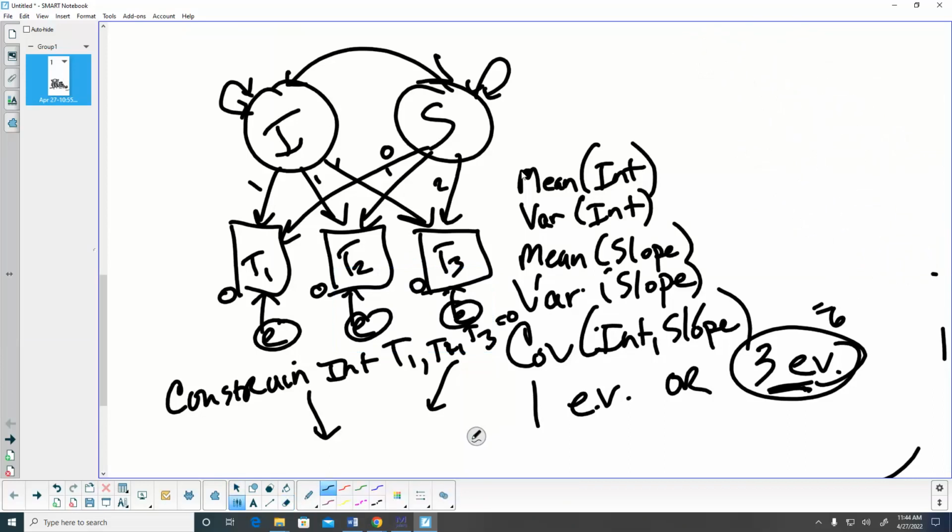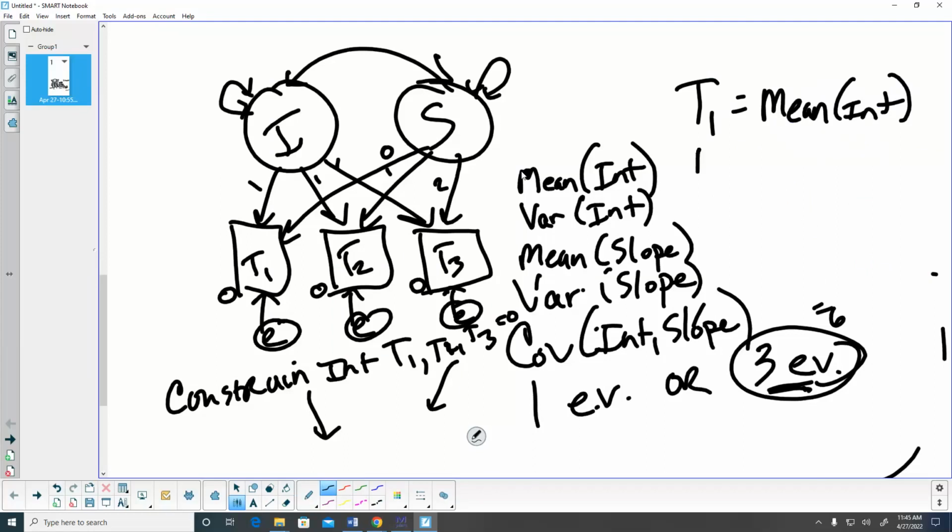Well, it would just be the mean of the intercept, right? Because you've got the intercept, 1. So whatever the mean is, it's just going right into time 1. Slope here, this is 0. So at time 1, it doesn't enter in.